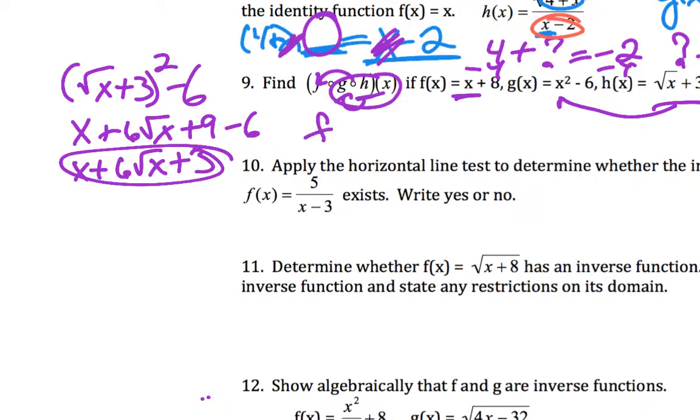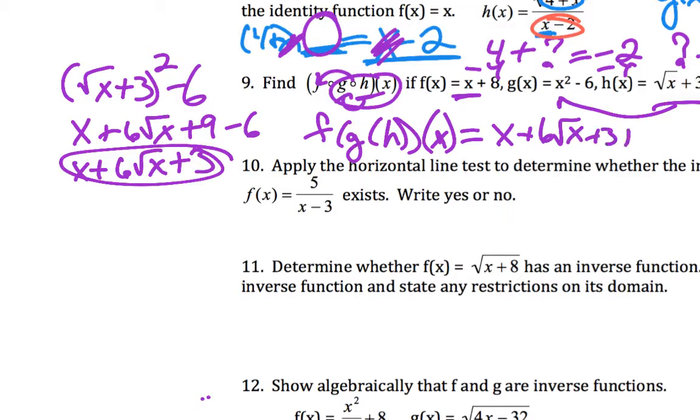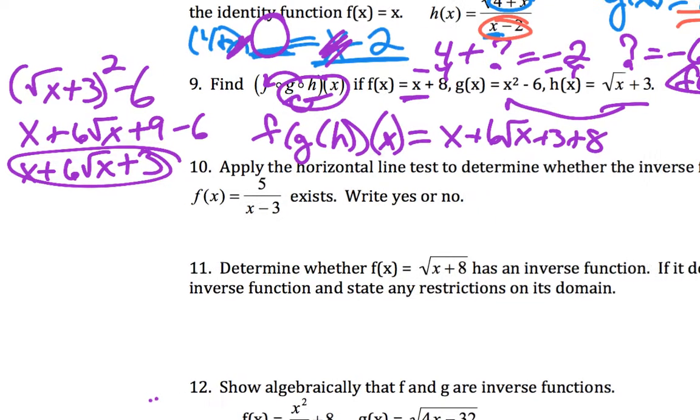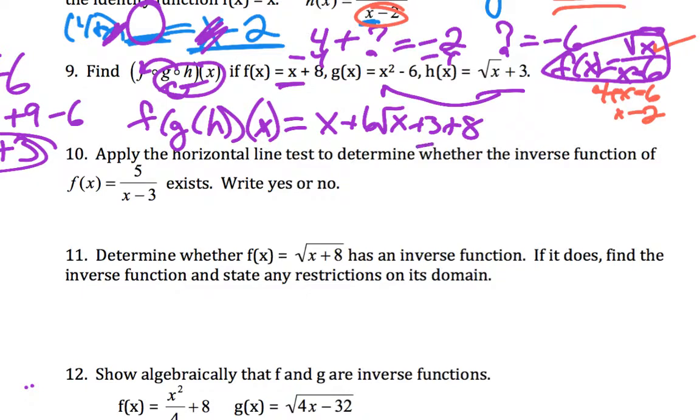So f of g of h of x gives me x plus 6 square root of x plus 3 plus 8. And then just combining these two like terms, I get x plus 6 square root of x plus 11.